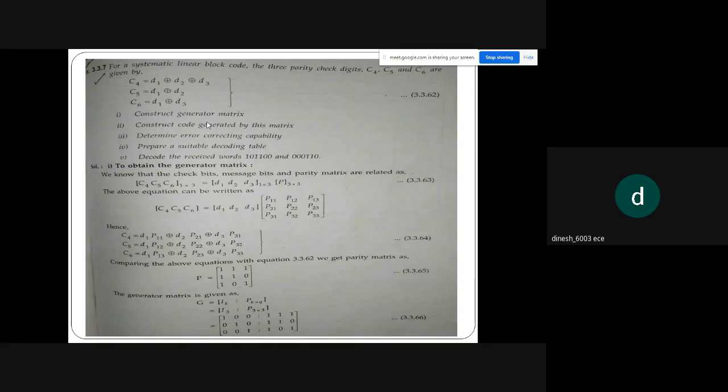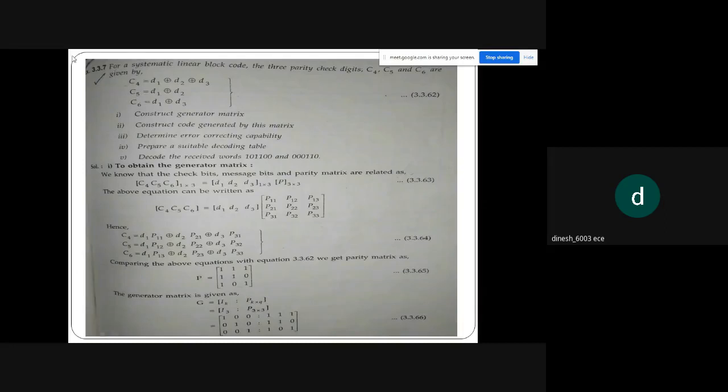So from this question, we need to understand what these are. When you see the question itself, it shows there are 1 2 3 4 5 6 bits. The received vectors are 1 2 3 4 5 6, 6 bits of information of y. If y is 6 bits, x will also be 6 bits. Errors will also have 6 bits.